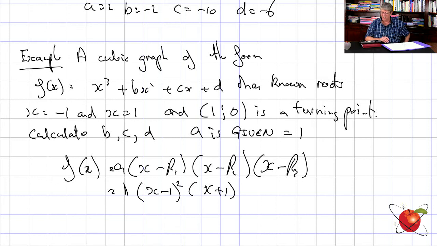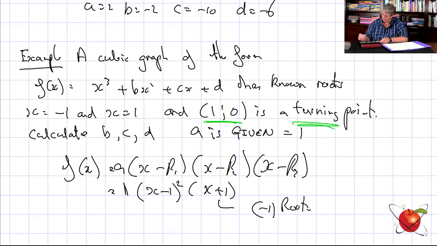Because it's given as a turning point. X equals minus 1, x equals plus 1, right? 1, 0 is the turning point.